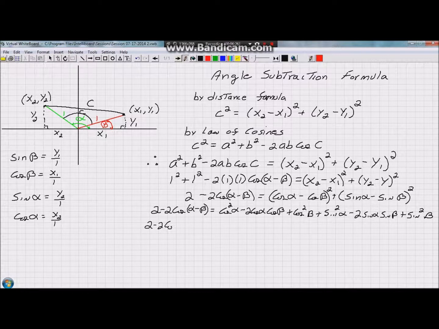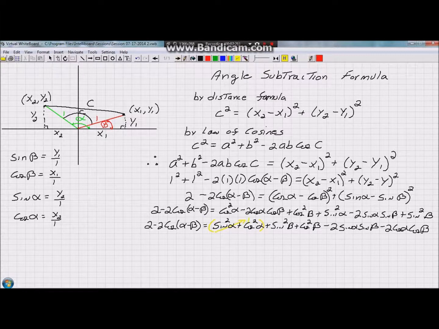And then I'm going to do some rearranging of terms so I can get sine squared alpha and cosine squared alpha next to each other on the right-hand side of the equal symbol. Similarly, I'm going to group sine squared beta and cosine squared beta next to each other, and then have the negative 2 sine alpha sine beta and the negative 2 cosine alpha cosine beta at the end of the equation.